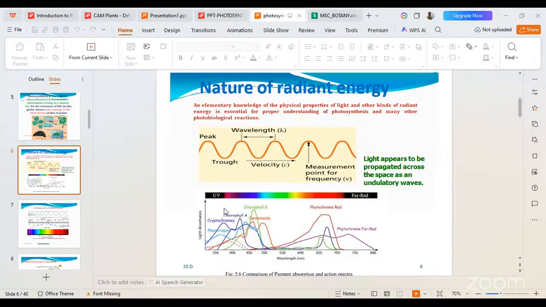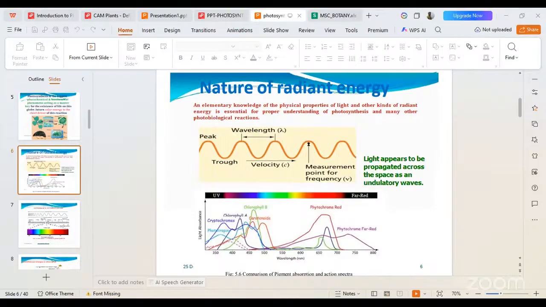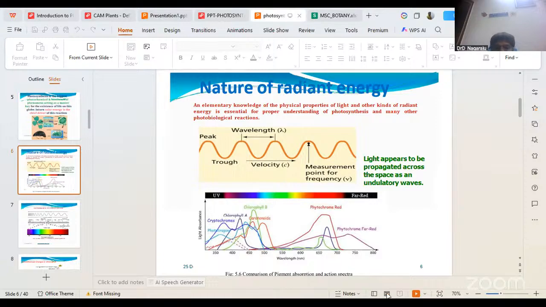Chlorophyll B absorbs between these two wavelengths, chlorophyll A between these two, whereas carotenoids and phycobilins absorb between these two. Carotenoids and phycobilins are extra pigments, accessory pigments, which also help to harvest the sunlight. This is the spectrum.